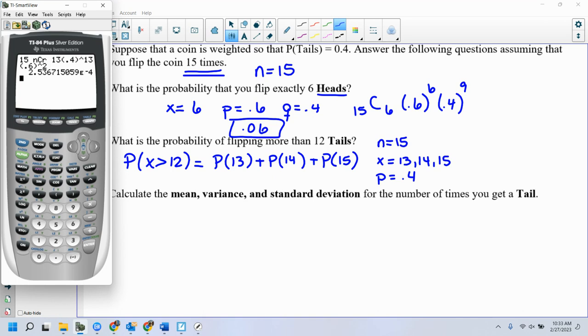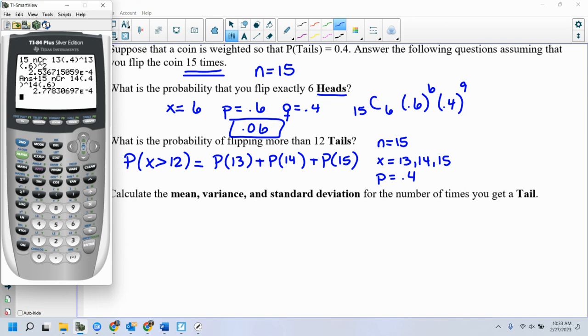Plus, same thing, 15C14, 0.4 to the 14th, times 0.6 to the 1st.